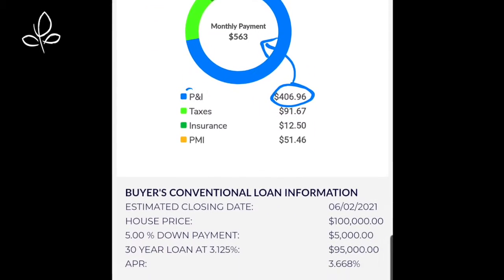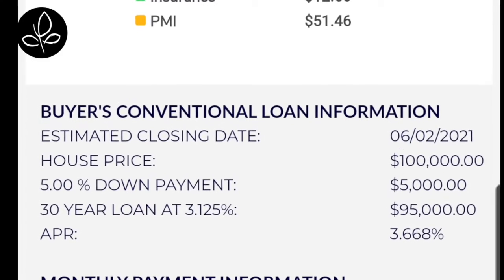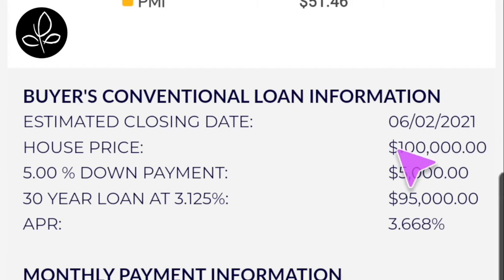In order for me to explain what principal and interest look like, I have to take you down here. For the sake of this example, I used an easy number of $100,000. It's even, it's low, just for this example. So this home costs $100,000. This particular buyer saved up $5,000 as a down payment.